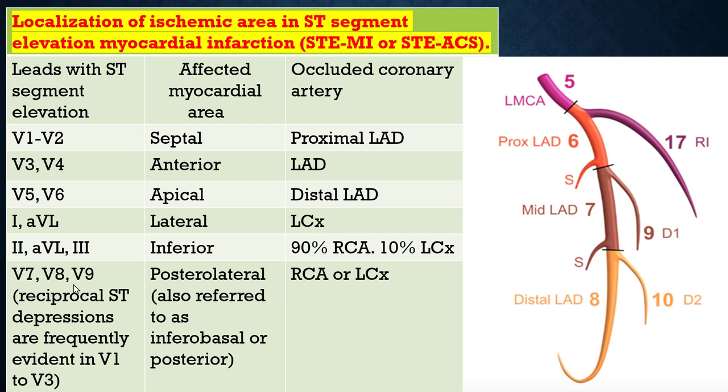If changes are in V7, V8 and V9, this is a posterolateral infarction, and the affected artery is the right coronary artery or left circumflex artery. Reciprocal ST depressions are frequently evident in V1 and V3.